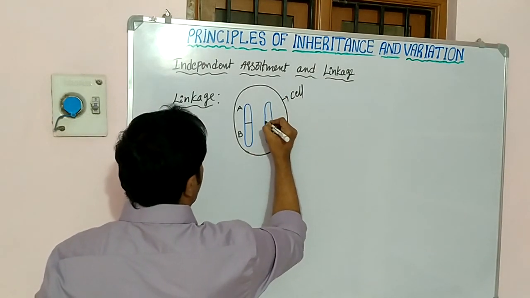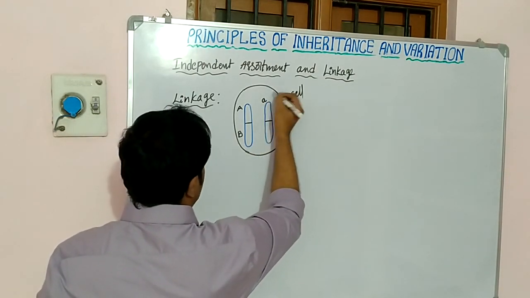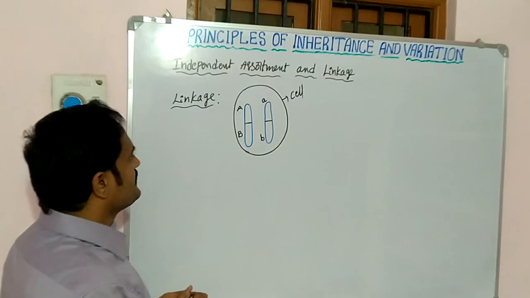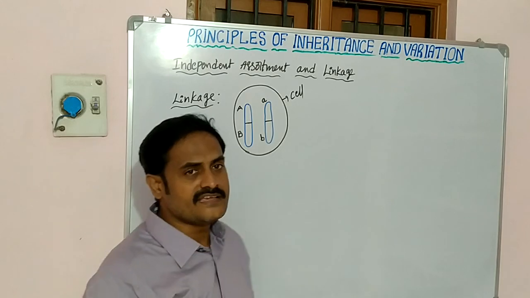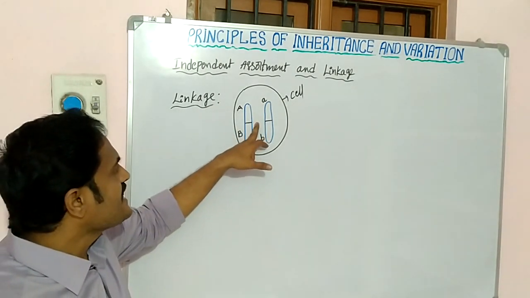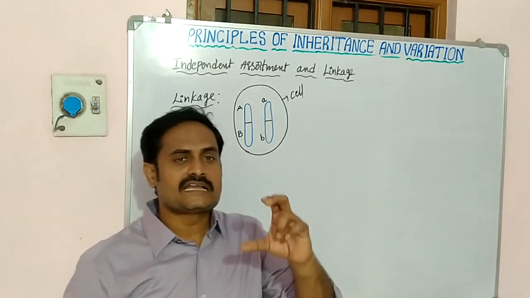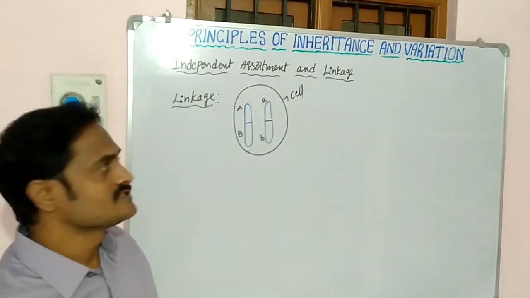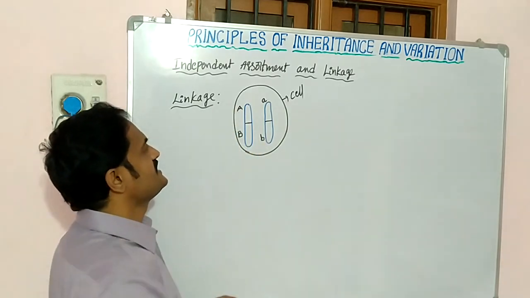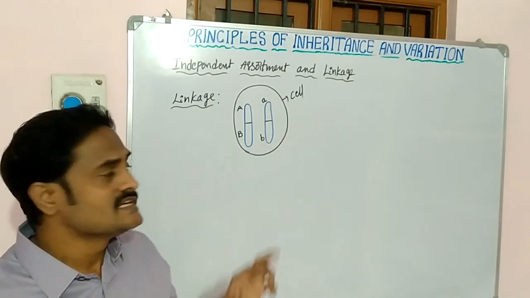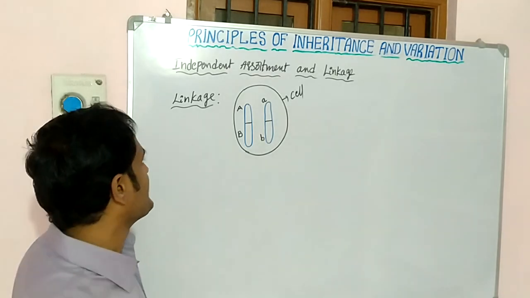Here small a is one gene and small b is another gene. What kind of variation do we notice in linkage? The same chromosome consists of two different genes. So two different genes present on the same chromosome, that is called linkage.